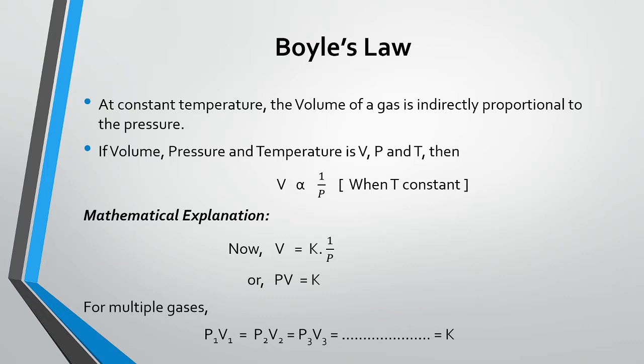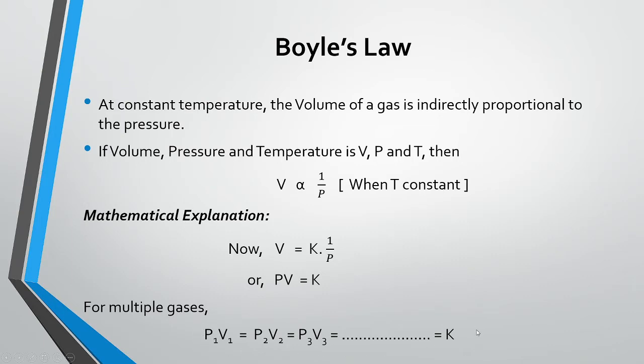That is, if we denote volume, pressure and temperature as V, P and T, then V is proportional to 1 by P when temperature T is constant. From the mathematical explanation we obtain an equation for multiple gases, and this equation will be useful for the mathematical problems we'll be solving for all the gas laws in this chapter.